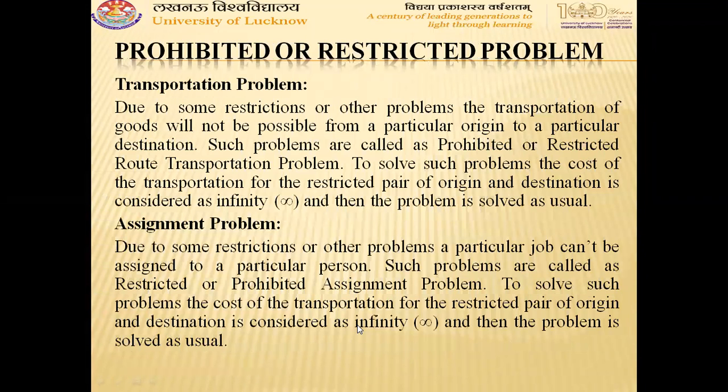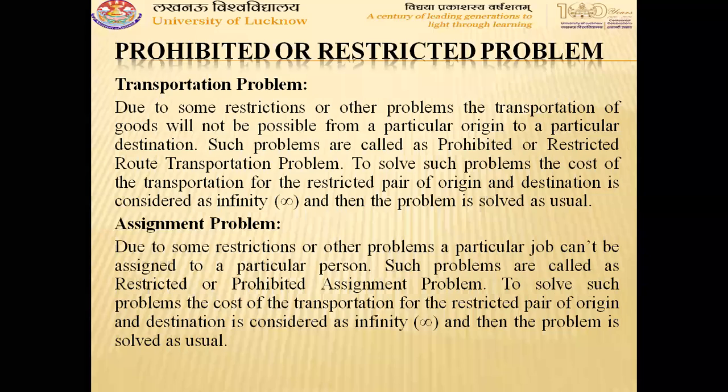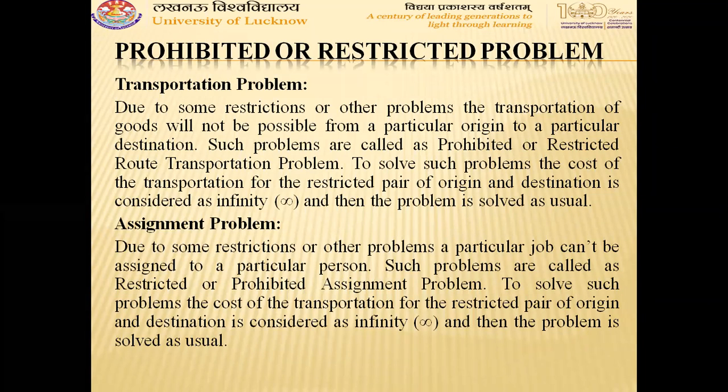Now the second problem is called the prohibited or restricted problem. In case of a transportation problem, due to some reasons, goods cannot be transported from a particular origin to a particular destination. So there will be a restriction that from origin A to destination 1 we cannot supply a particular good.